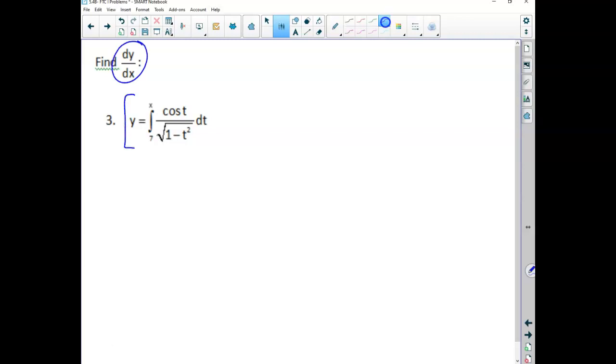So I'm taking the derivative of this, which means the derivative of y is dy dx. And that's going to equal, now remember, the antiderivative is going to be big F with x in it. And if I take the derivative of that, it's going to equal little f with x in it.